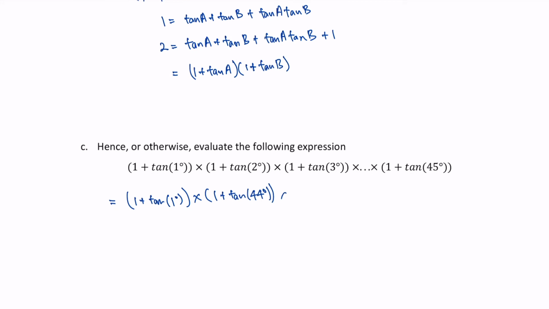And so we can carry this on. So we've got 1 plus tan of 2 degrees multiplied by 1 plus tan of 43 degrees. And we keep doing this until we get to the middle, right? So times dot dot dot times, and the middle term, well, we had 44, so the middle term will be 22 and 23.